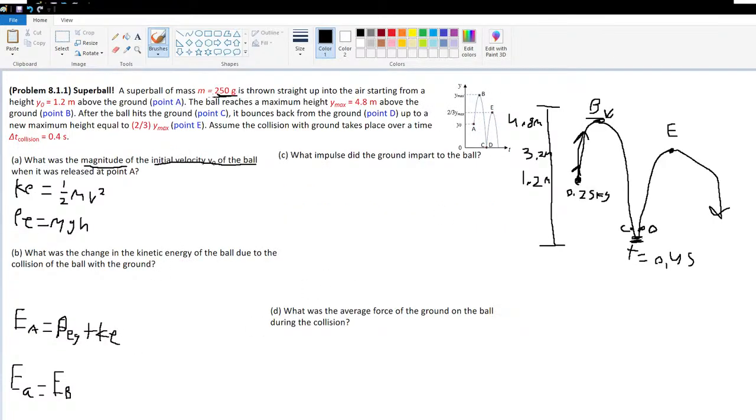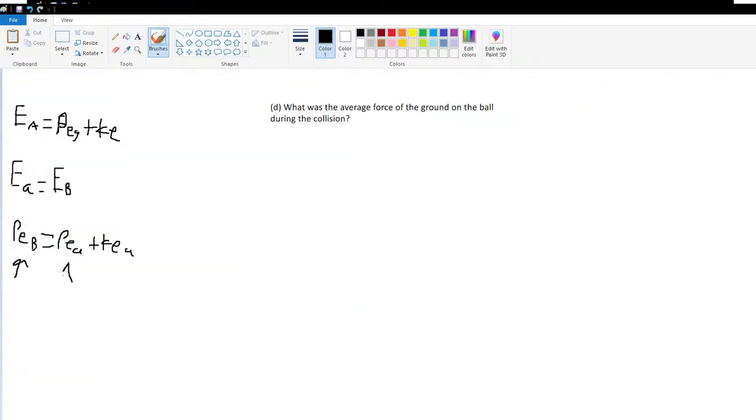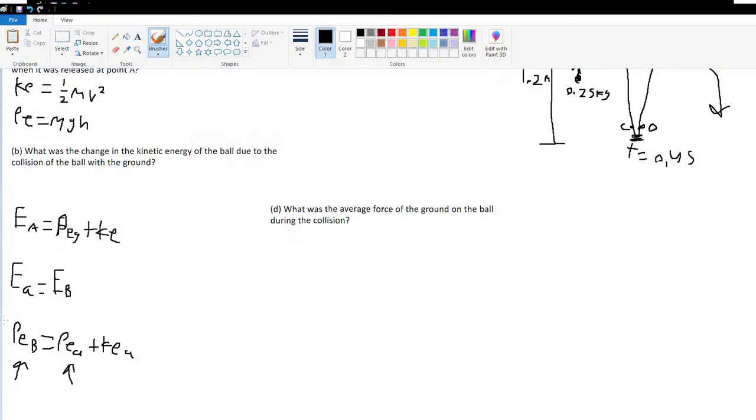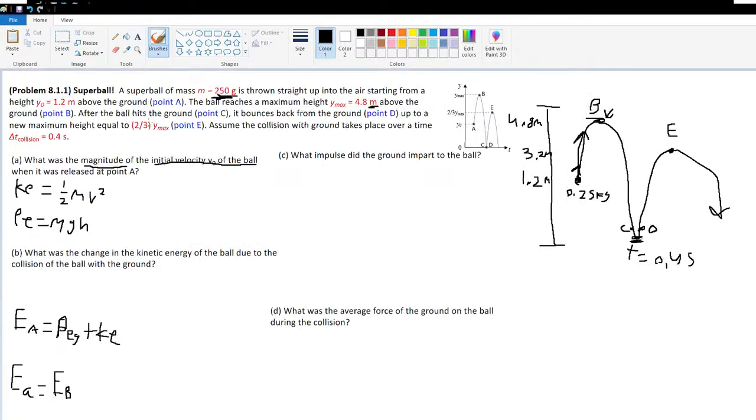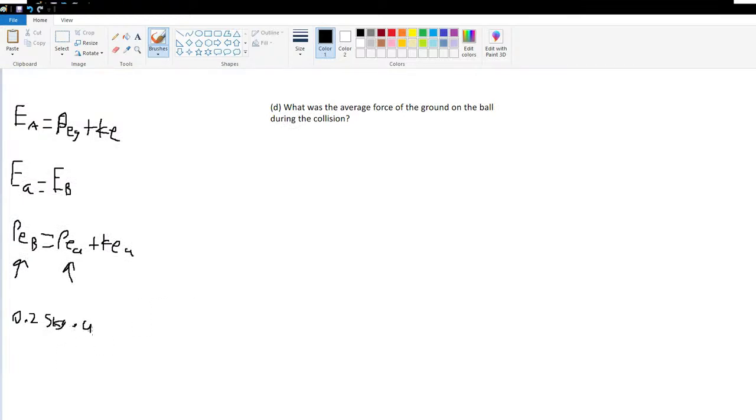And since we know the mass and the height at points A and B, we can figure out these terms and just be left with the kinetic energy. So the potential energy at point B is going to be equal to 0.25 kilograms times its height at point B, which is 4.8 meters, times g. That leaves us with a gravitational potential energy at point B of 1.2 joules.